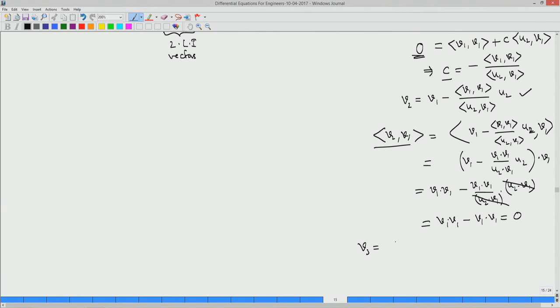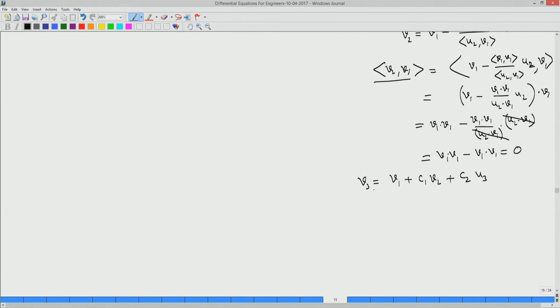So, how do I do this? V3 is U3 plus C1 V1 plus C2 V2. How do I find these constants C1 and C2? I have 2 constants to find. I choose V3 in such a way that it is perpendicular to V1 and also perpendicular to V2.